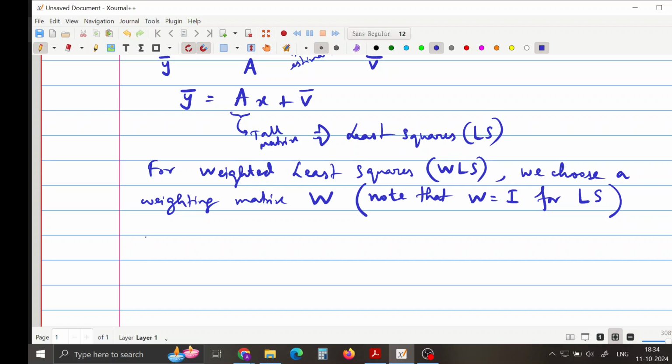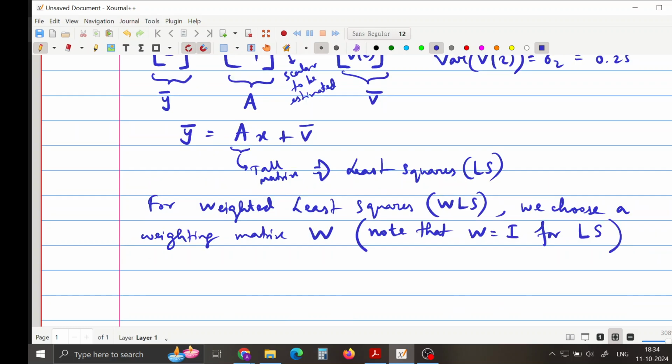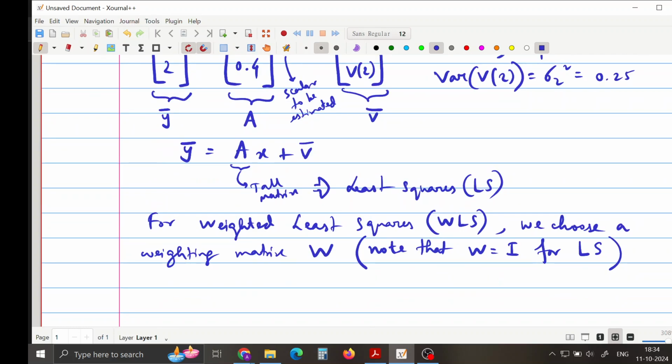Before I tell you about the choice of W, what is the noise covariance matrix?